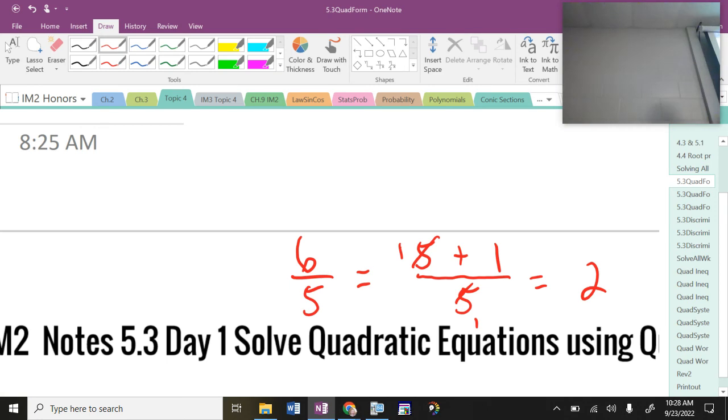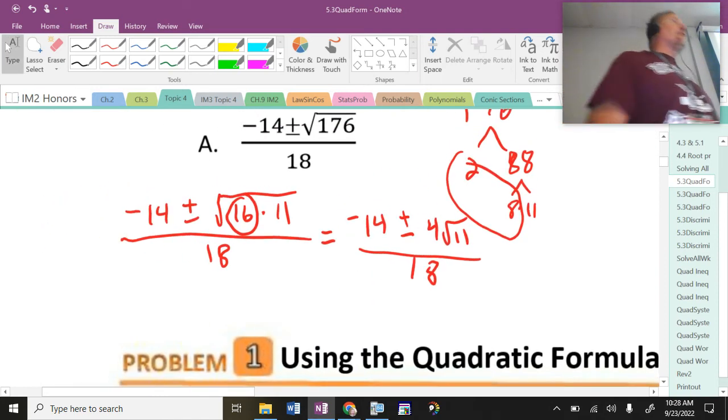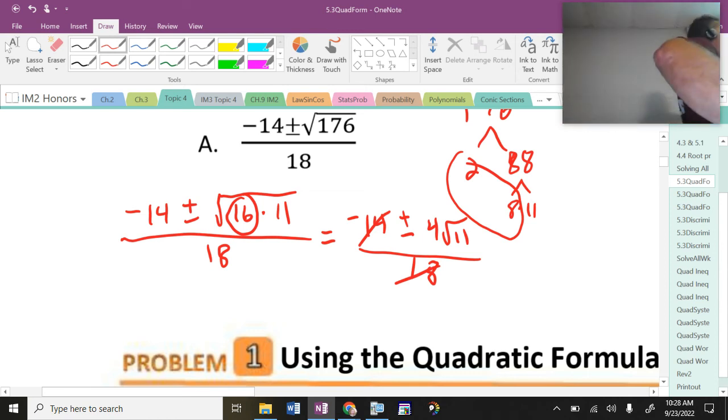So is my math valid, what I just did in that middle step? Yes or no? No. So why did I just cover that? Because even with me covering this right now, prove me wrong, 10 to 20% of you will do this in the future. You will cancel that 14 with this 18 and make that -7/8 there and ignore the 4.